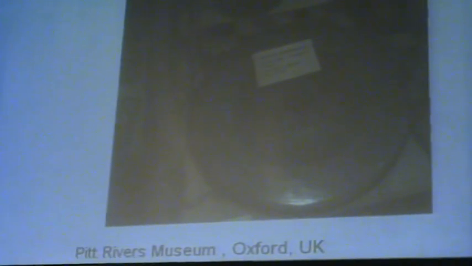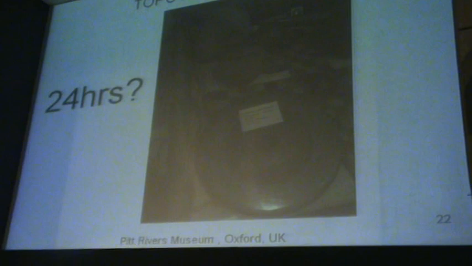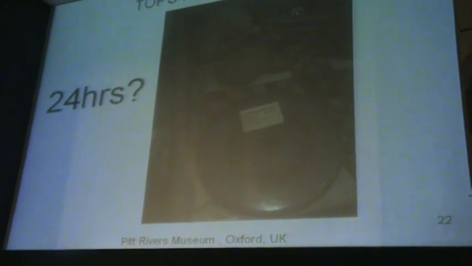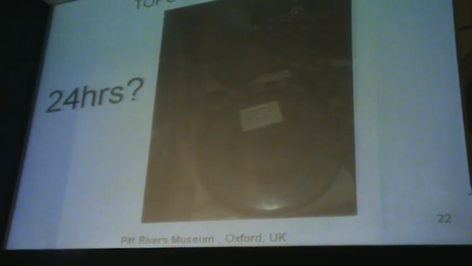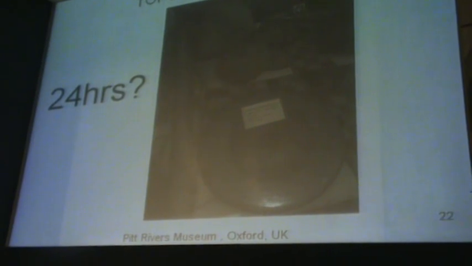Now I don't really believe this, but the notice says, so it must be true, and it's Oxford, so it must definitely be true. This top is allegedly spun for 24 hours. That's what that notice says, that you can't read from there. It's very heavy lead. I suppose it took quite a bit of starting. But tops do spin for a long time.